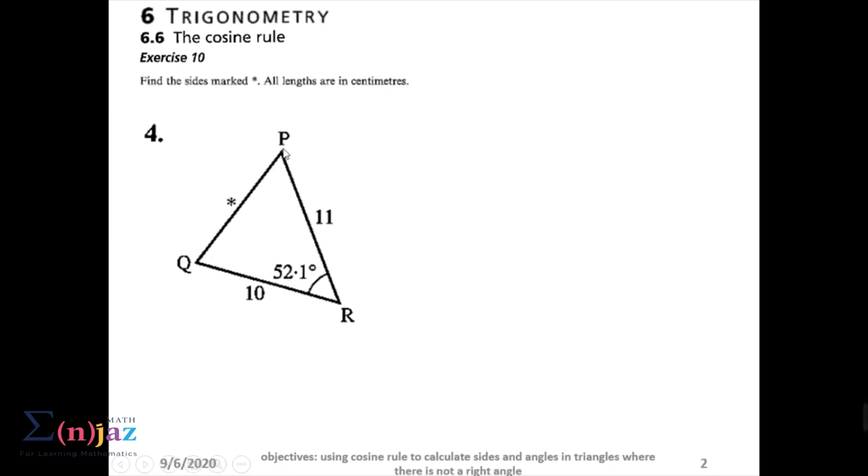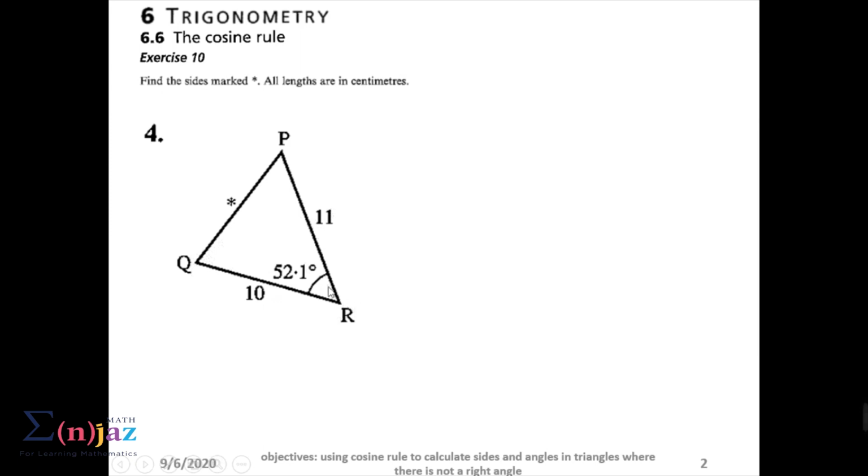Now, PQR, angle P capital and side P small is actually equal to 10. Angle Q, so Q capital is unknown. The side that is opposite to angle Q is 11. So 11 is equal to Q small.